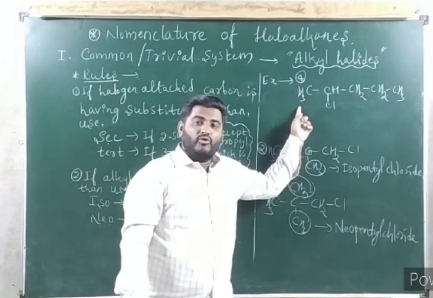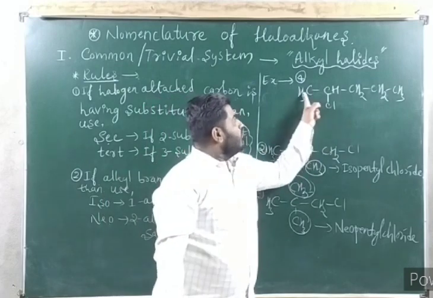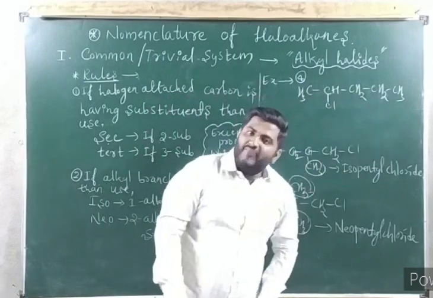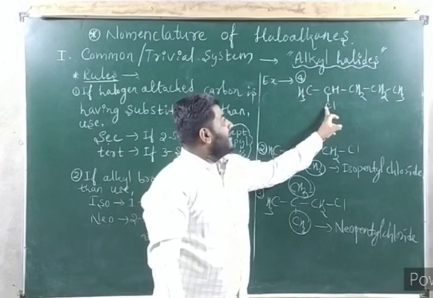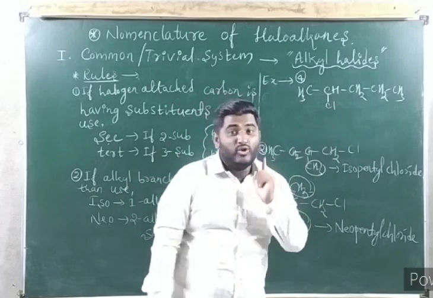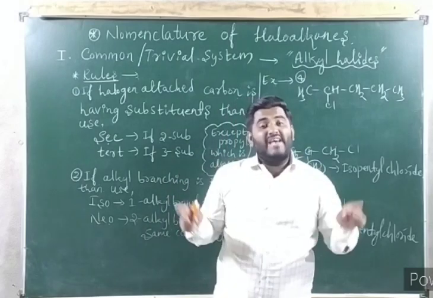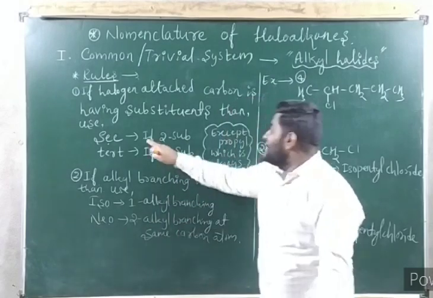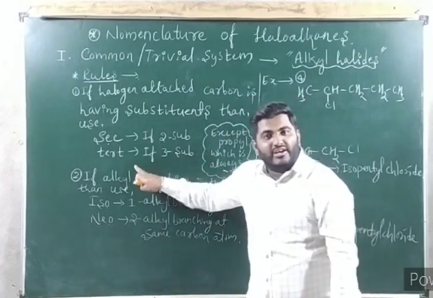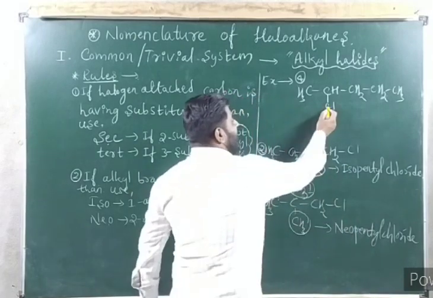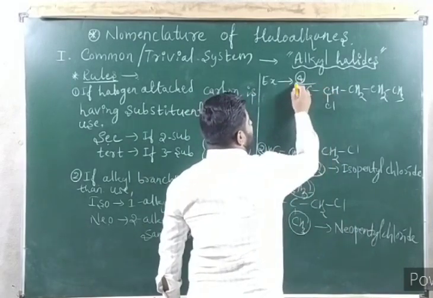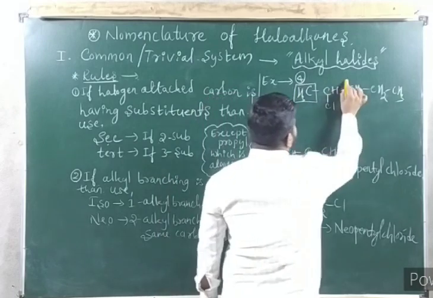See here, the fourth one. Now what have I taken? 1, 2, 3, 4, 5. Again 5 carbon atoms are there. Now the halogen is at the branching. And I told you, when halogen is attached to a carbon, and that carbon has substituents, then use the word secondary or tertiary. Now carefully see, here the halogen is attached to this carbon, and this carbon has one substituent on this side and one substituent on this side.